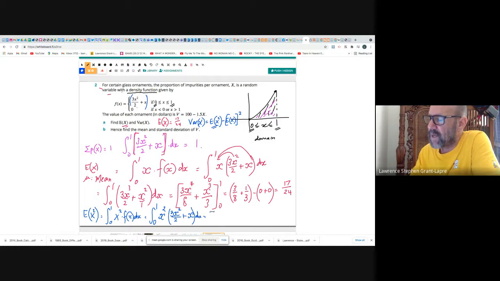So that would be the integral from 0 to 1 of 3x to the 4 and x cubed. Let's just integrate now.